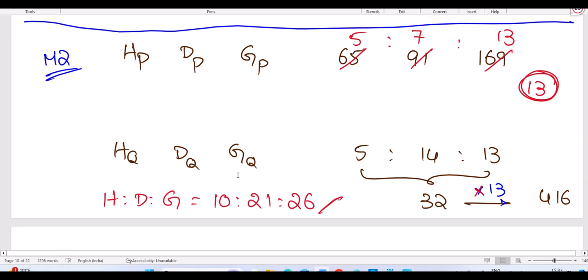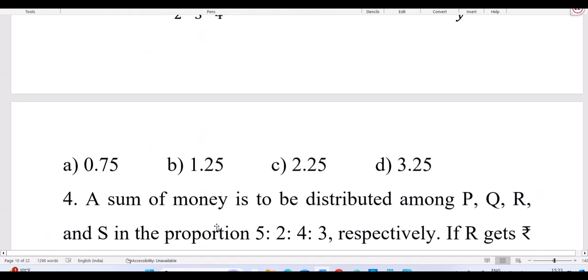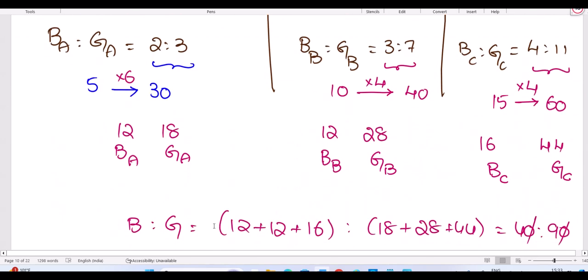Listen. Why can't we do this in the second question then? What's the problem with the second question? Why can't we apply this in the second question? Because what is the first one's factor? Multiplied by 6. If suppose second and third are 4 and 4, if all are 4, then here also you can apply.